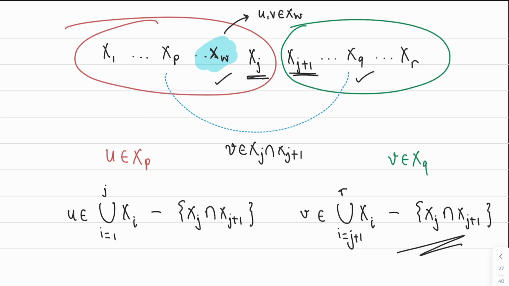So hopefully this argument was clear. If not, I would suggest taking a pause and absorbing it once again. This is an argument where we really use all the three properties of a path decomposition. And it's the fact that the intersection of consecutive bags really separates everything on the left from everything on the right.